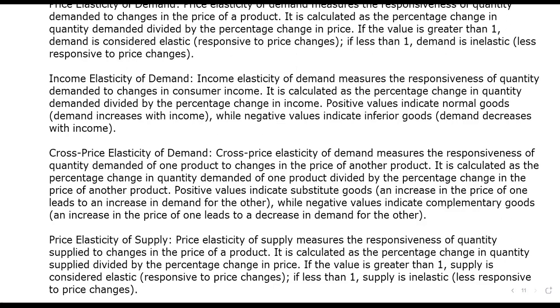So are we together? So we are going to go into some critical calculations.